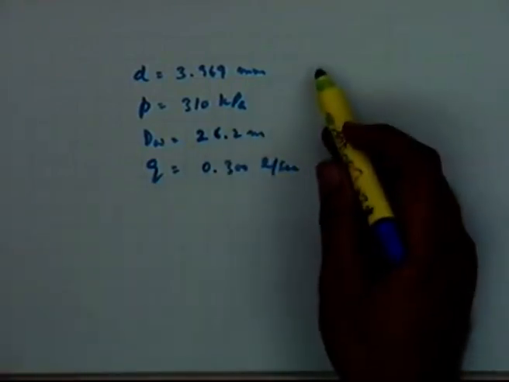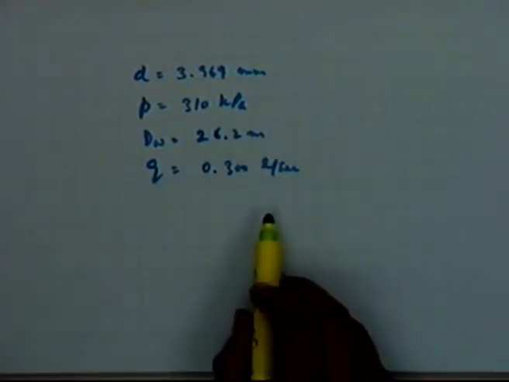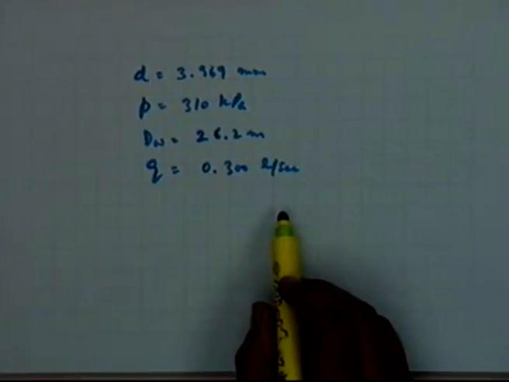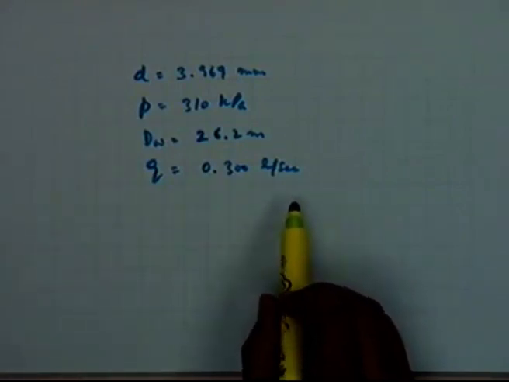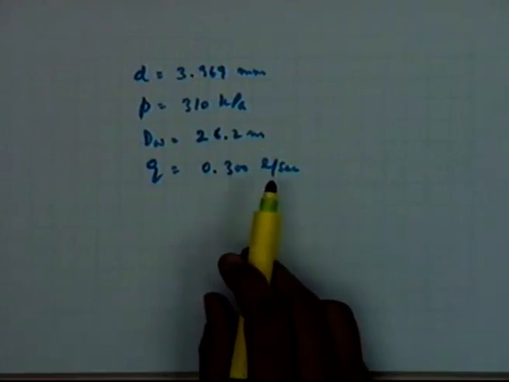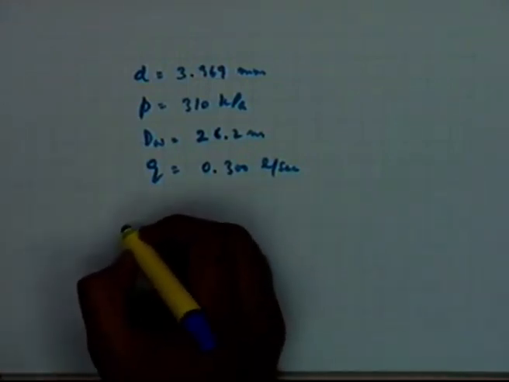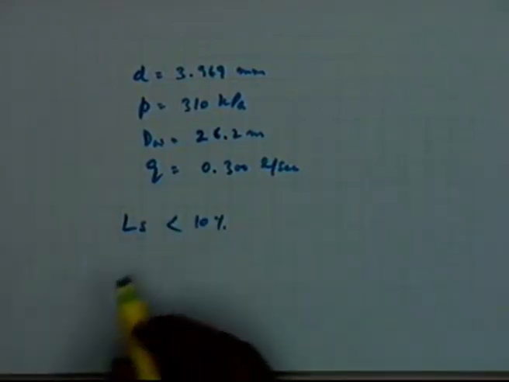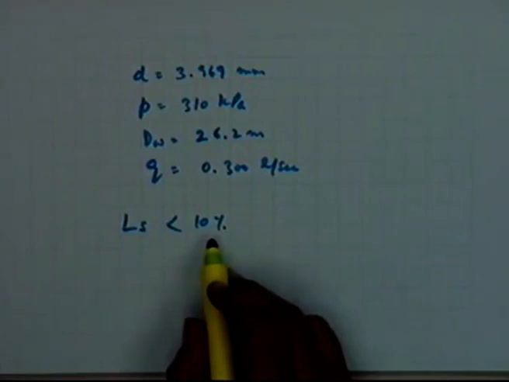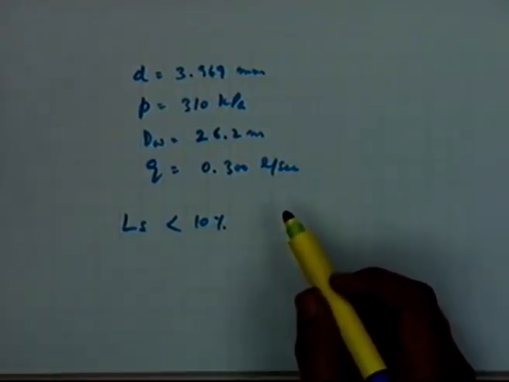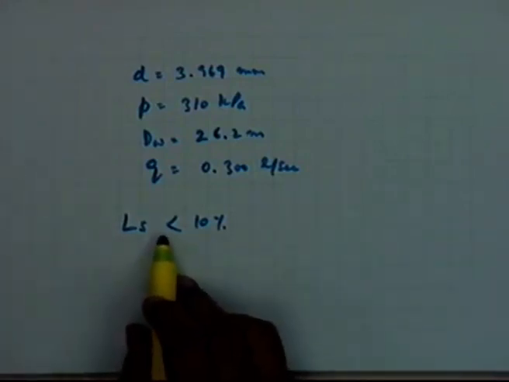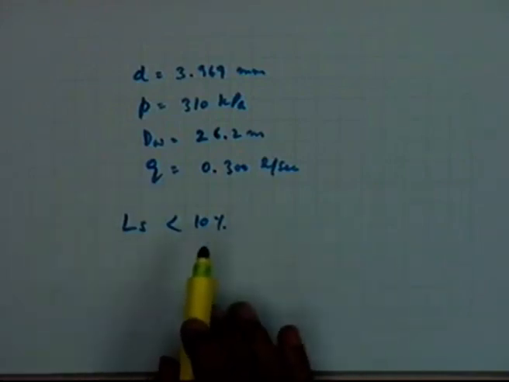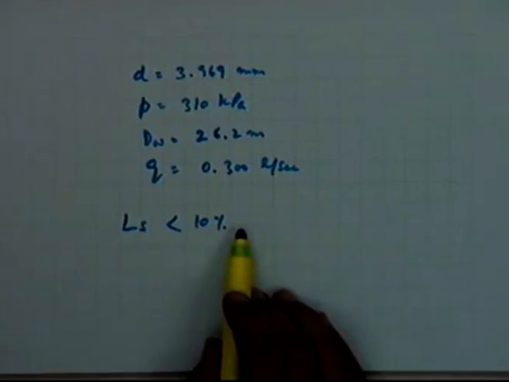So if this is the one which is selected, one way is that you recompute all the other things which you have computed earlier, but that recomputation can be avoided if the difference in LS, the evaporation and wind losses, between the present selection and the previous selection is less than 10%.